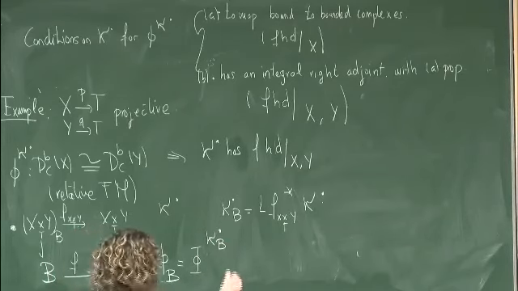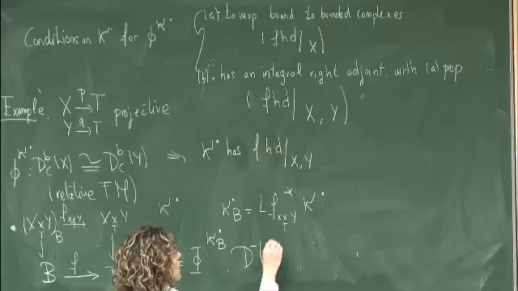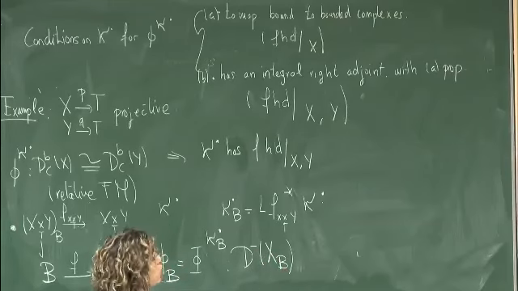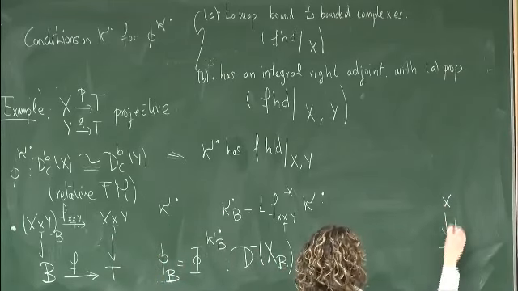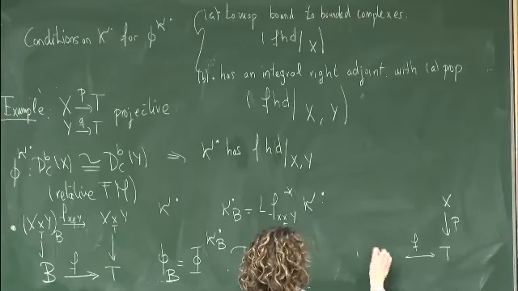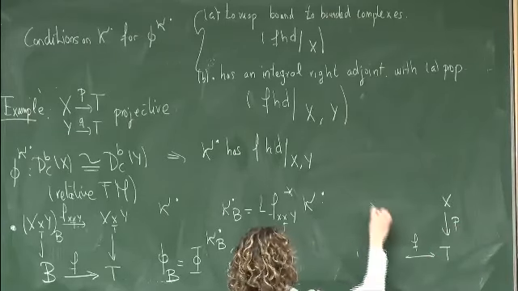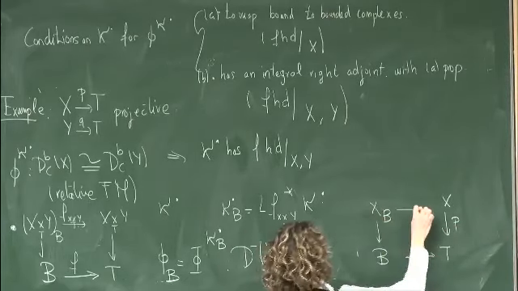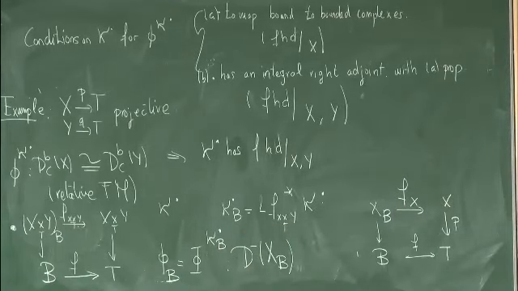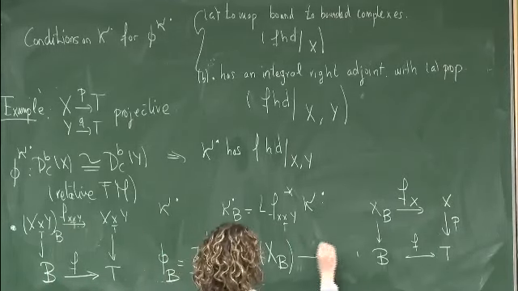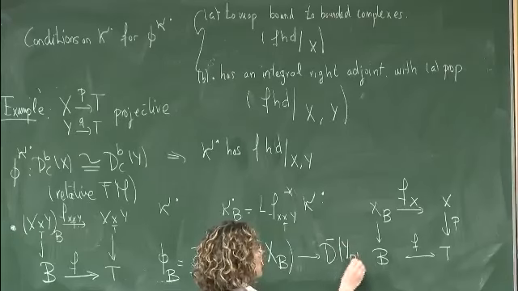Okay? This goes from the category of XB using the same notation. Here you have X, here you have F, B, and XB is just the base change. This is Fx. Goes from here to here.